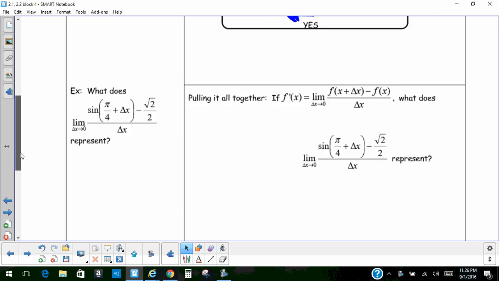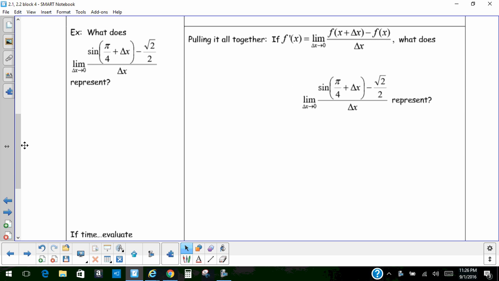As we scroll down then, this kind of goes back to what we started yesterday with, looking at the limit definition of derivative. And this in particular is our first day definition. So way back when we started 2.1, day 1, we gave you this limit definition of a derivative.